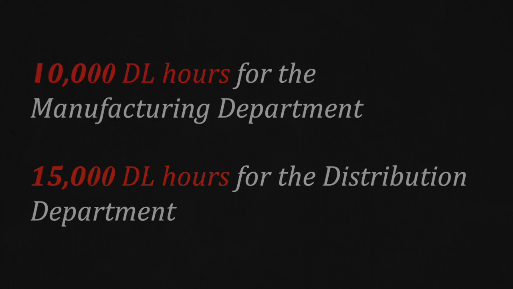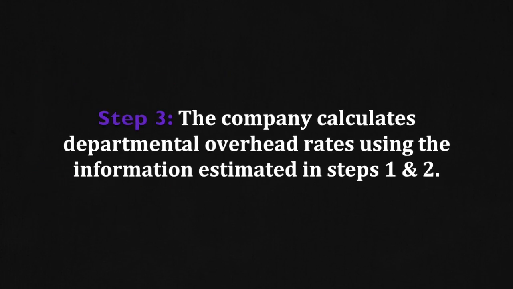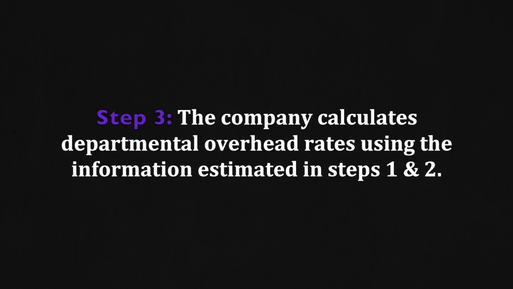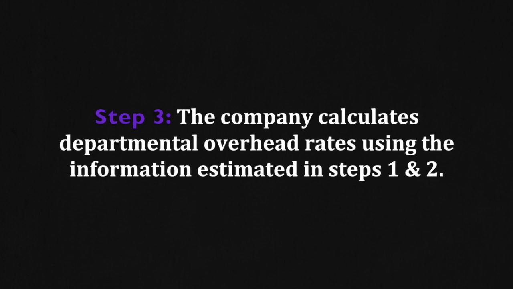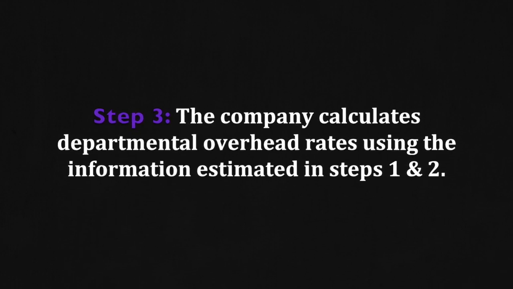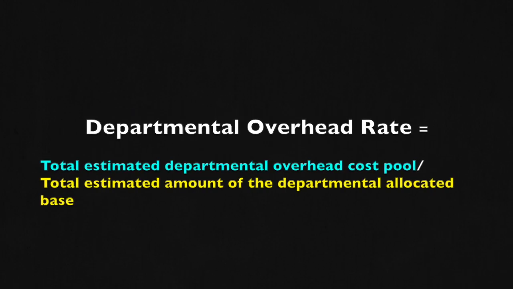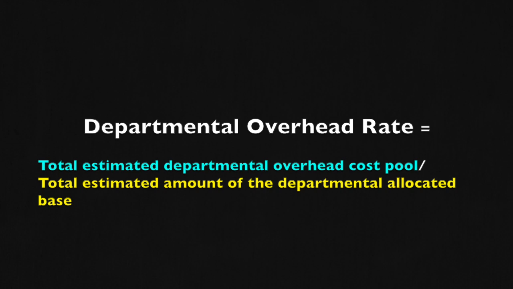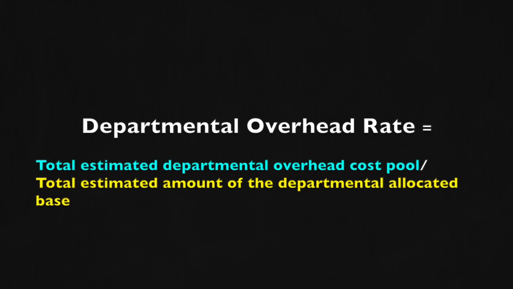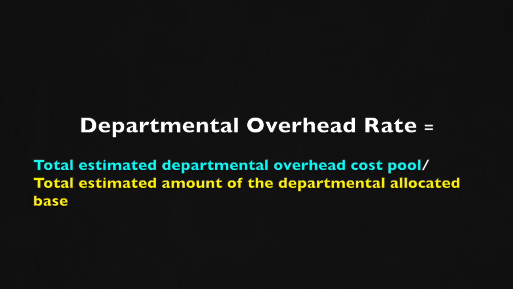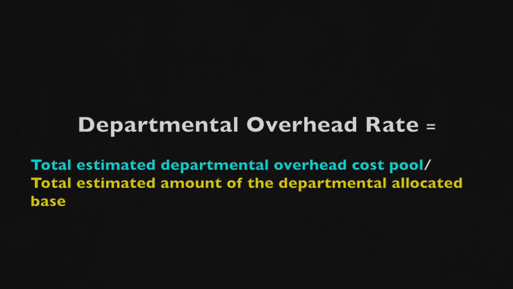We use these numbers as the total amount of department allocation base, which will help us then find the departmental overhead rate. Which leads us into our third important step, which is the company calculates departmental overhead rates using the information estimated in steps 1 and 2. The equation for departmental overhead rate is our total estimated department overhead cost pool divided by our total estimated amount of departmental allocation base.